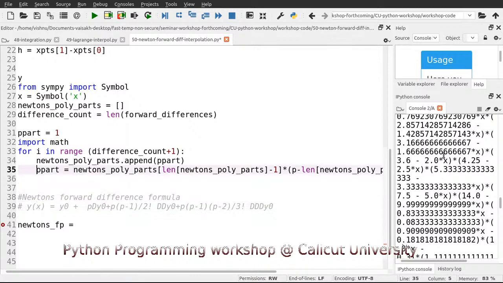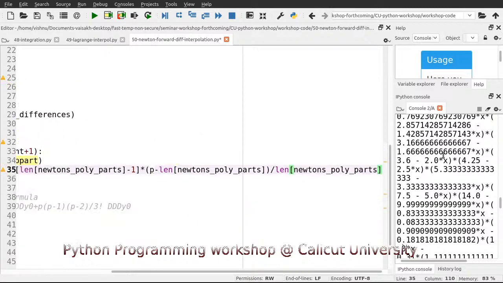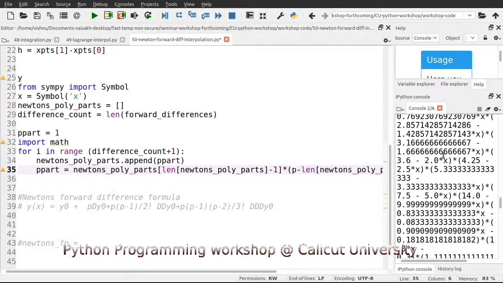Let me just see if I have done it correctly or not. I'm just experimenting with all these things. I'm trying to print. Is this complete? I completed this, Newton's poly parts.